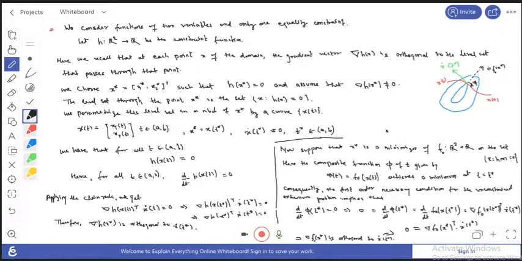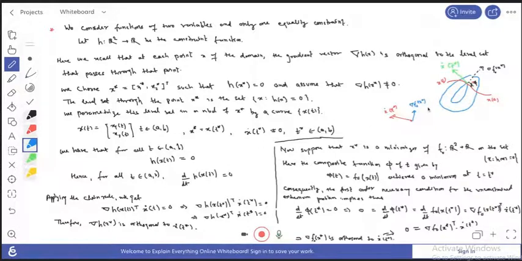This means, suppose this curve is here, and this point is your x, this is x dot t star. This vector is orthogonal to it, and that vector is the gradient of f naught at x star.